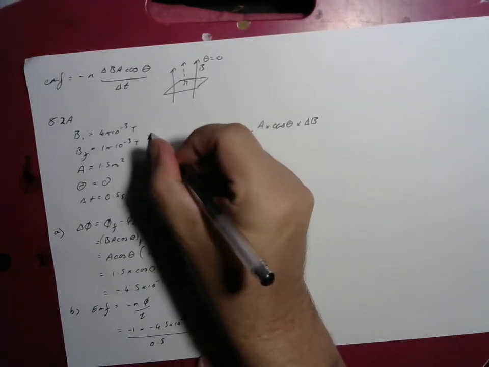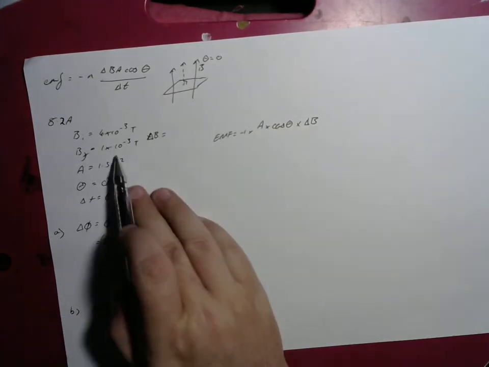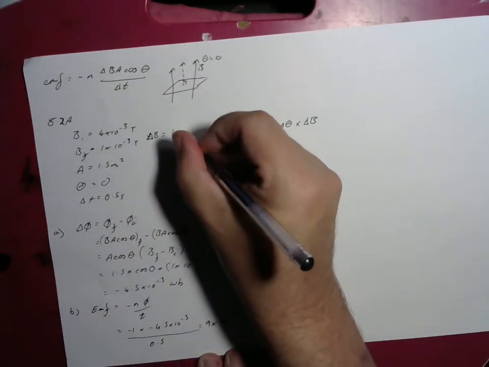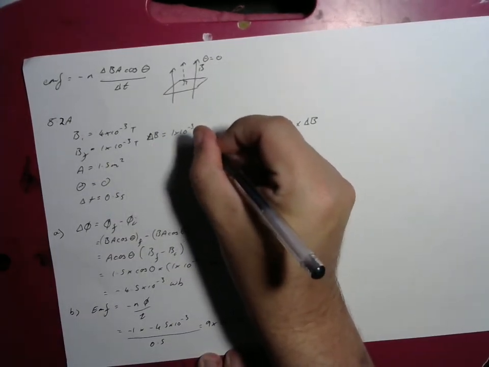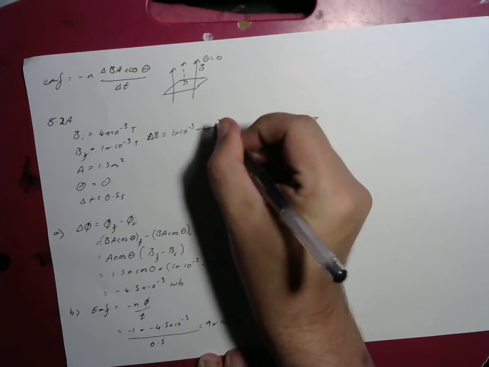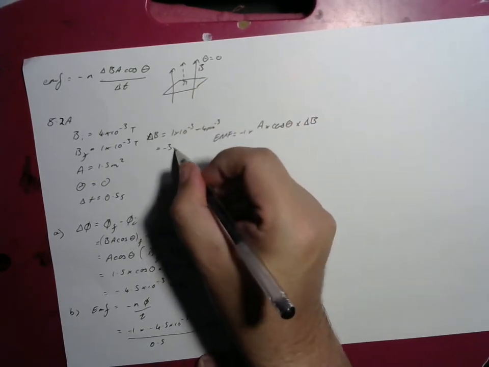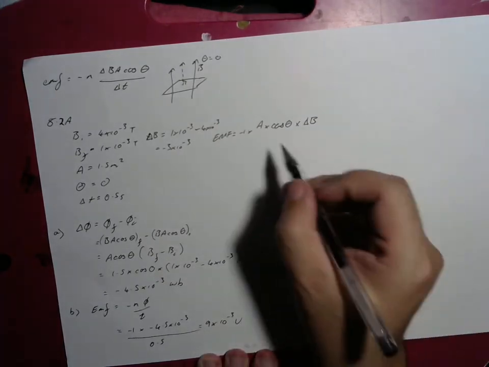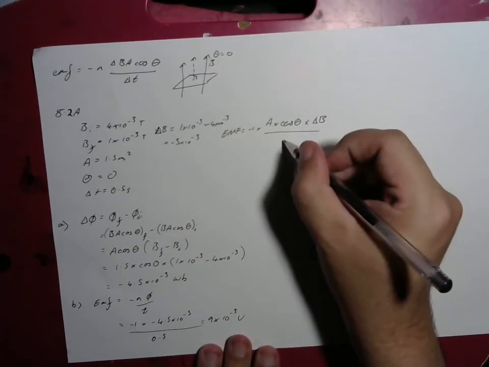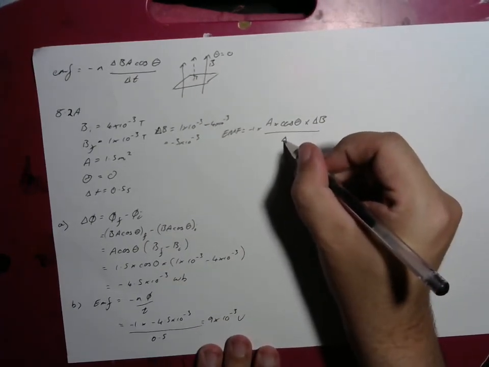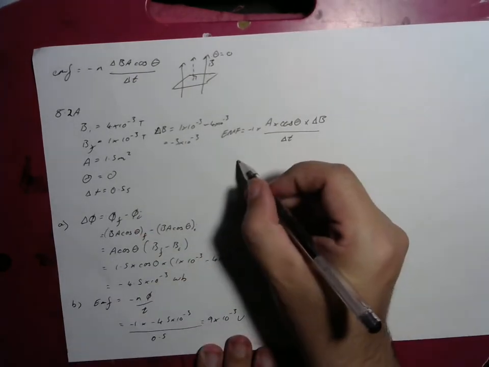And delta B, we can see, is just going to be 1 times 10 to the negative 3, take away 4 times 10 to the negative 3, equals negative 3 times 10 to the negative 3, all divided by our delta t, which we have over here.